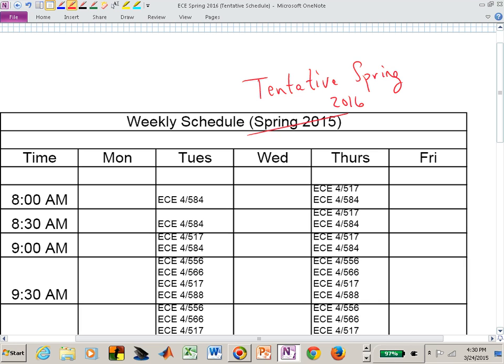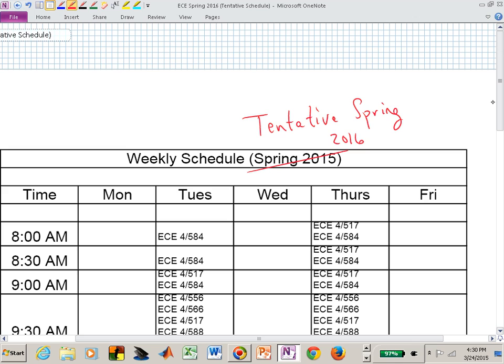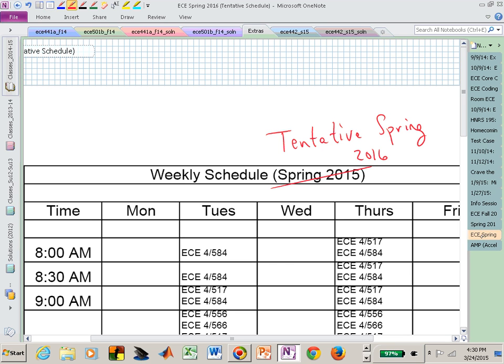ECE 422 hasn't been taught for a while. That's analog signal processing, and that particular class you could think of as falling between the electronics and the signals and systems, but I don't think we're going to have anyone available to teach that.